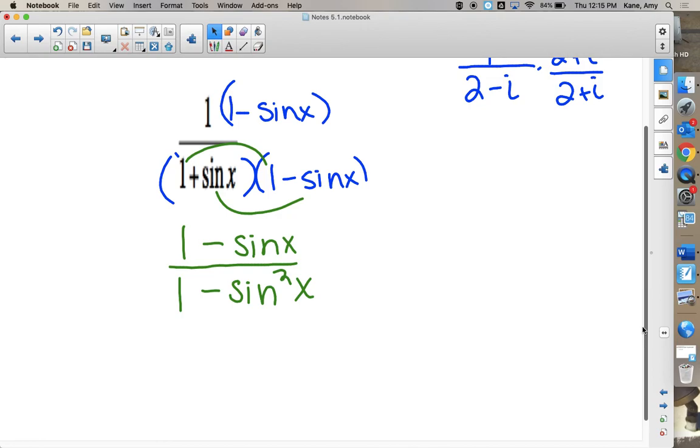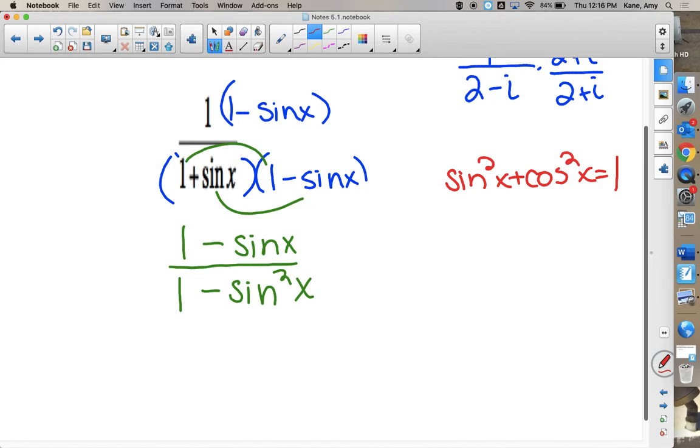So, Kaylin, what identity would be similar to 1 minus sine squared? What identity contains a sine squared? So, we know that sine squared plus cosine squared is equal to 1.